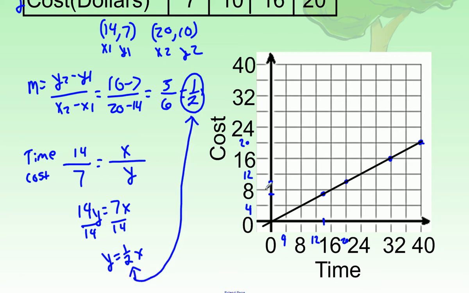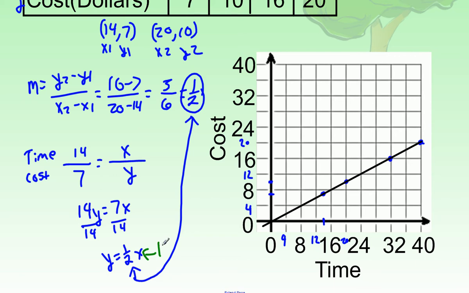And it's not a coincidence. It's not just, oh, look, it's magically both equal to 1/2. No, it's that way on purpose. This is the relationship. So for every x value you put in, if you're there for 1 minute, they're going to charge you half of $1.